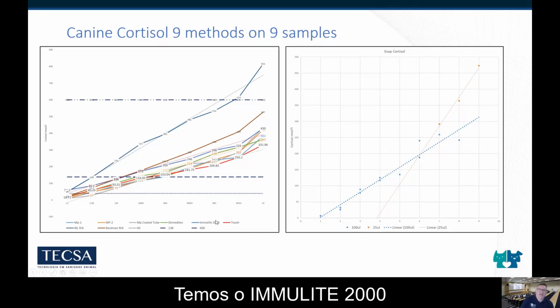We've got the Immunoassay 2000 in blue. We have some radioimmunoassays, from a variety of different manufacturers. And we have a benchtop analyzer called a Tosho.